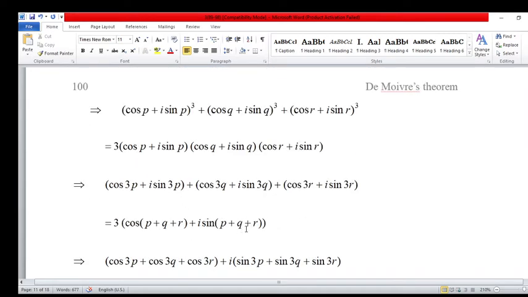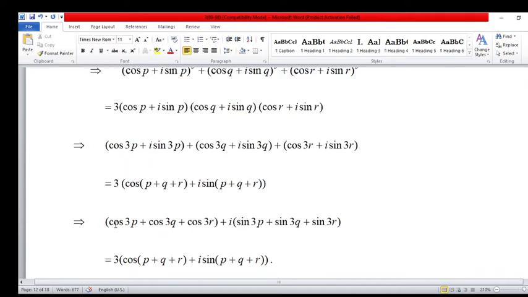Now on the left hand side, apply De Moivre's theorem: cos 3p plus i sin 3p, cos 3q plus i sin 3q, cos 3r plus i sin 3r. And on the right hand side, thrice, this is a well known result, cos p plus i sin p, cos q plus i sin q, cos r plus i sin r, and this multiplication is already given in De Moivre's theorem in case first. So here we have the result: 3 cos of p plus q plus r plus i sin of p plus q plus r.